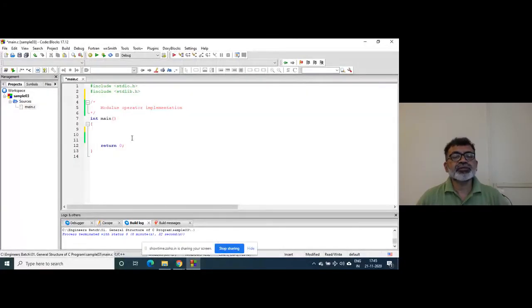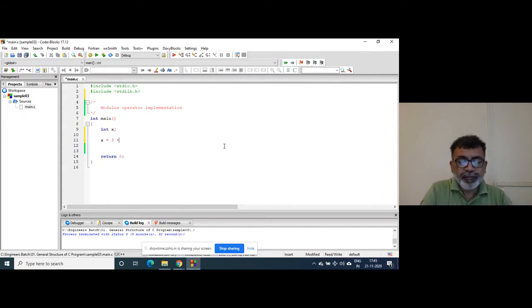What does it mean? Suppose I write int x, some value. Suppose I write x is equal to 3 plus 4 into 5 divided by, suppose, 25 divided by 5.